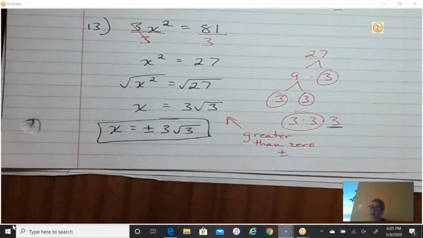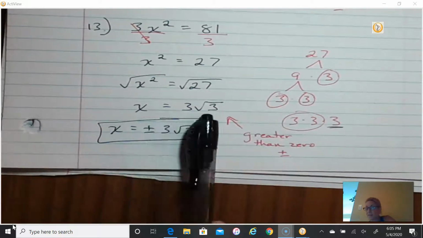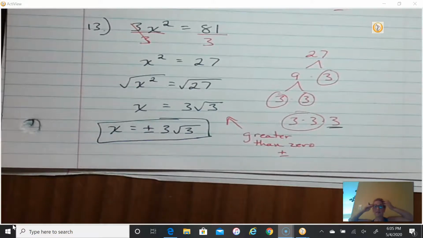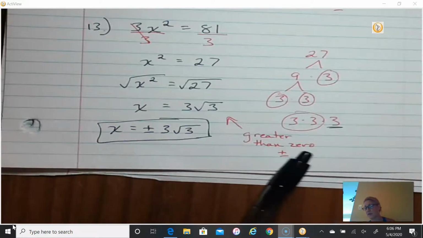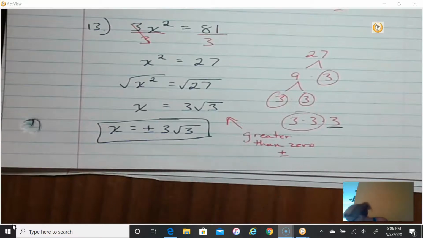Now, if you leave off the plus and minus, it is wrong. So y'all need to make sure, don't just get to this part and say, I'm done. Y'all see that that's a very common mistake. So you need to ask yourself before you box in your answer, is it greater than 0, equal to 0, or less than 0? Okay.